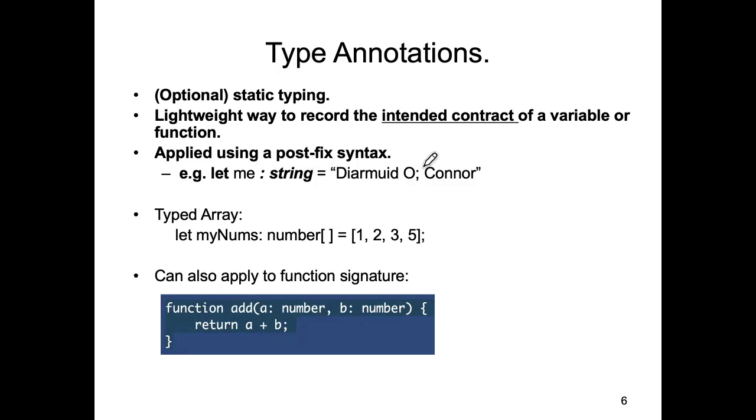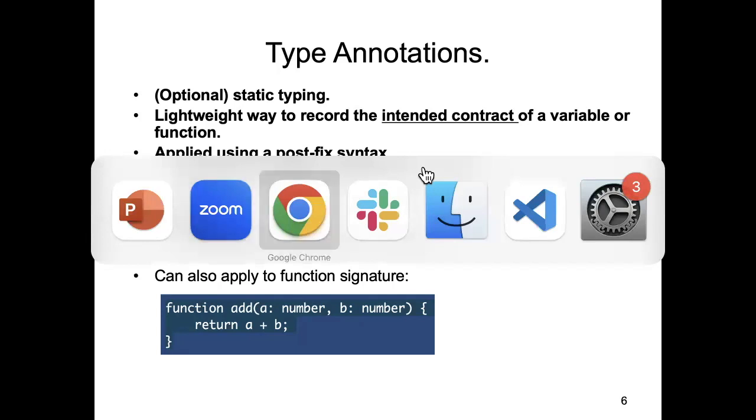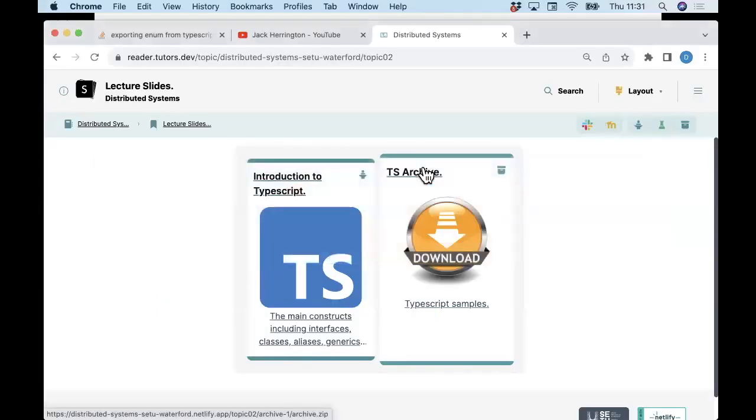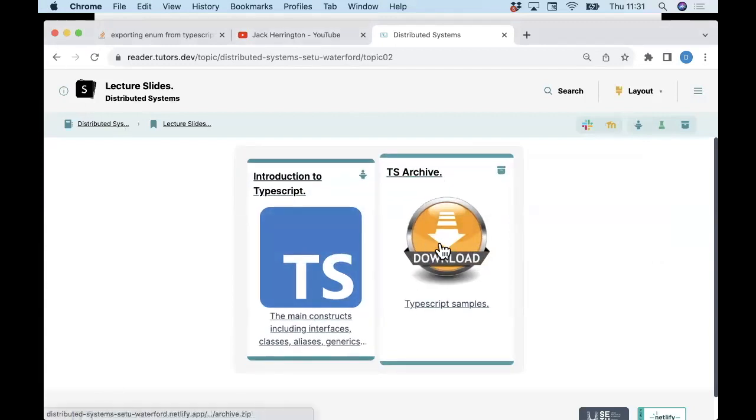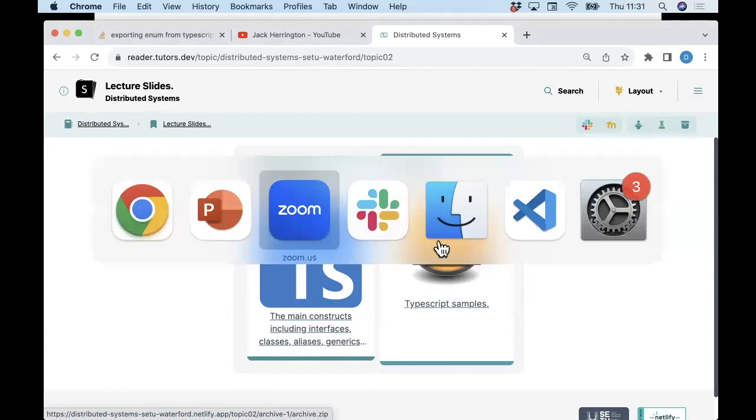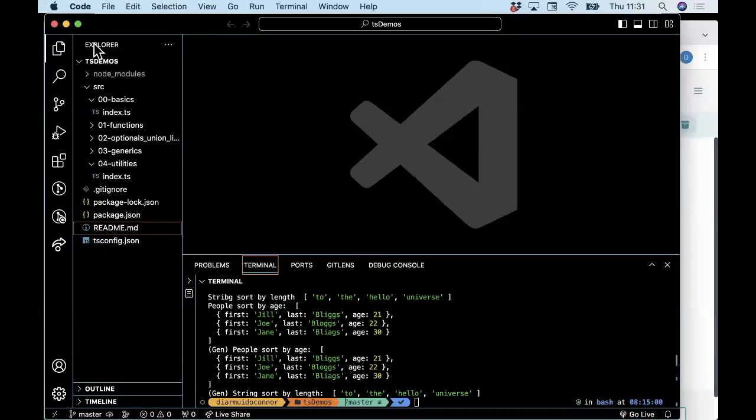So if I flip over to the archive, now I mentioned earlier on in the lecture that in the website, if you click on this card here, that will download a zip file. And if you unzip it and import it into VS Code, what you will get is the following. You get this here.